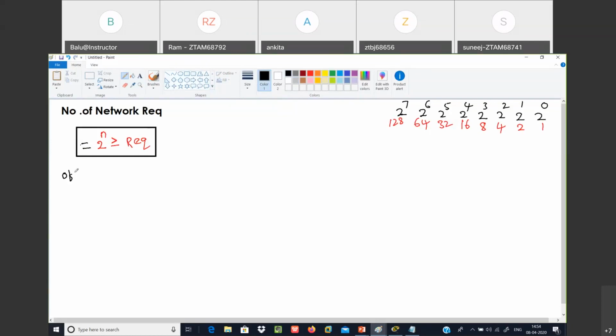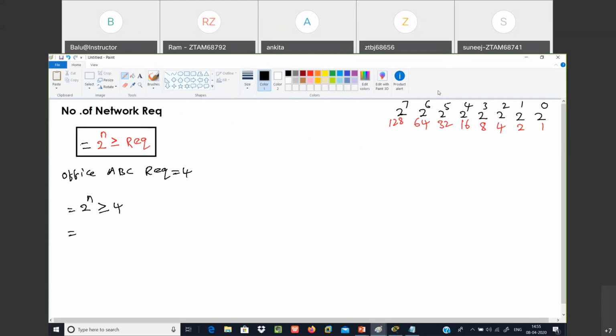Now, based on our example, Office ABC. How many networks are required? Office ABC requirement is 4. What was the formula? 2 power n greater than or equal to the requirement, which is 4.